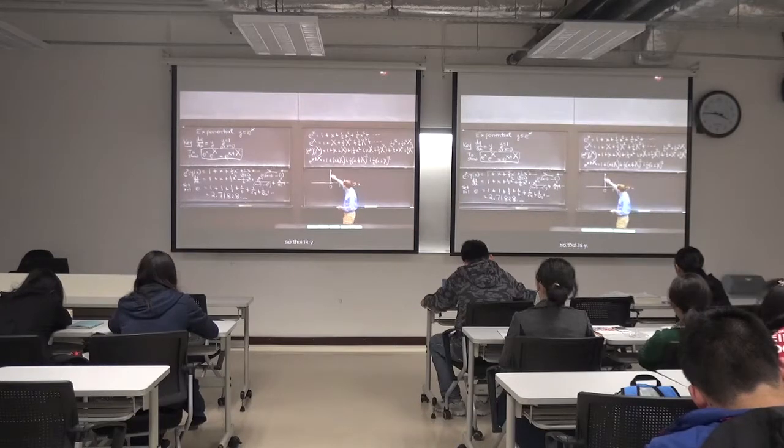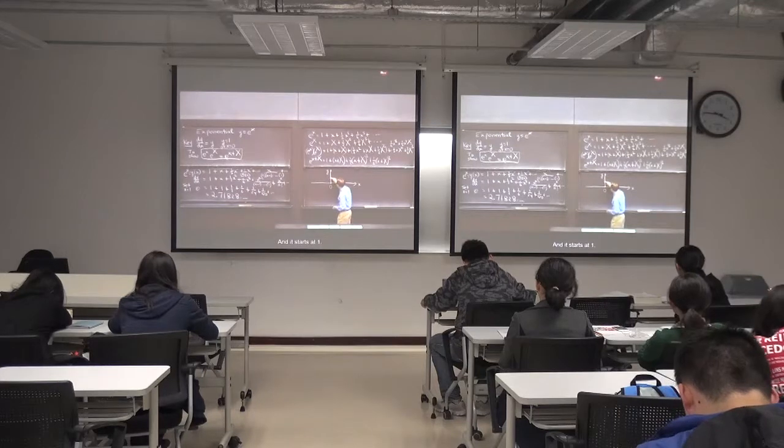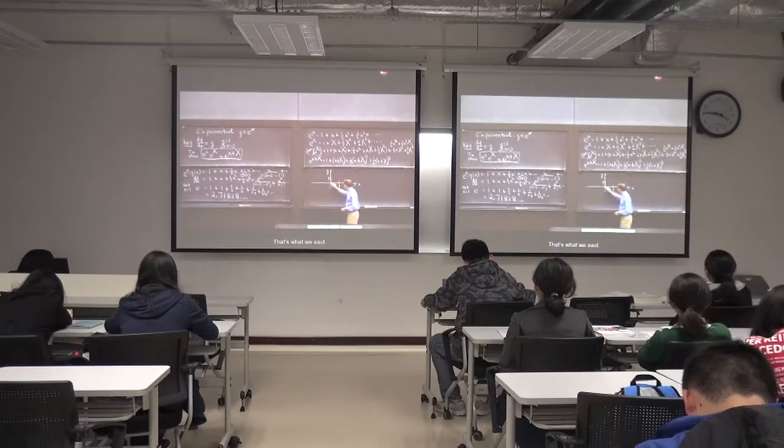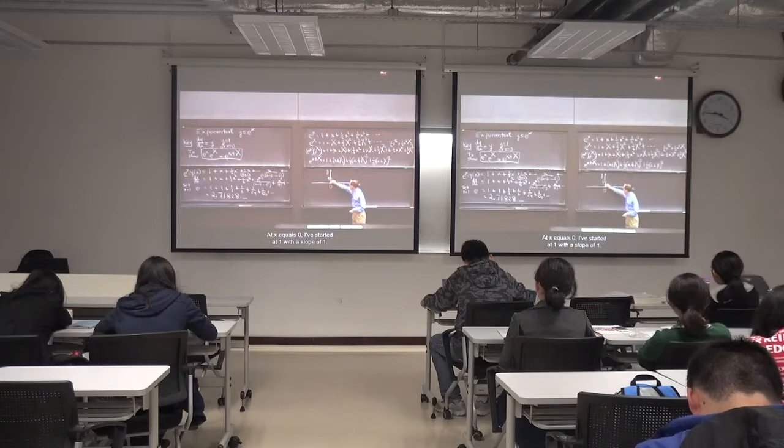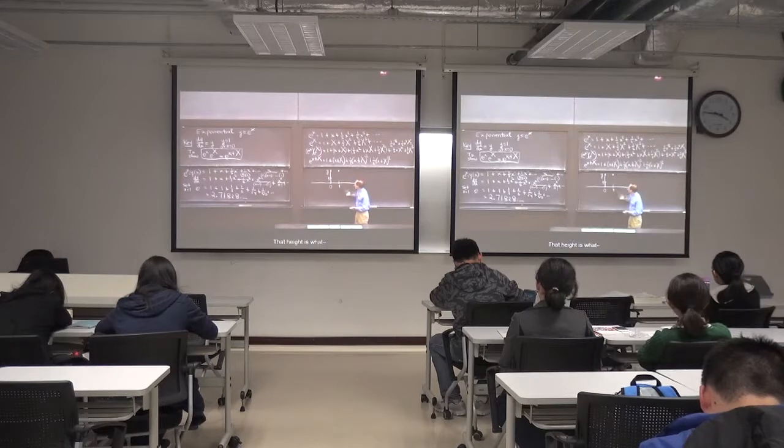I'm graphing y, and it starts at 1. At x equals 0, I've started at 1 with a slope of 1. So I have a slope of 1, but the slope is climbing up, and it reaches here. That height is what? e. That height is e.